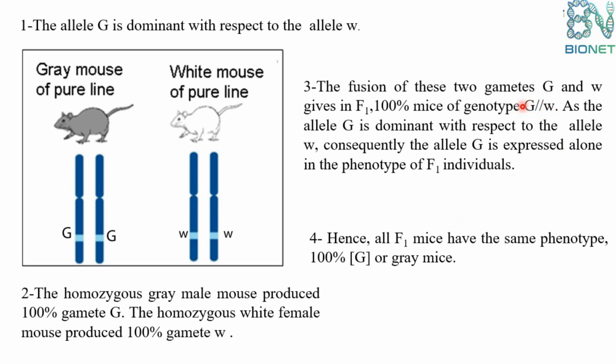In this case, the allele G will be expressed since it is the dominant allele. This is why all the F1 generation is homogeneous. All descendants have the same phenotype, which is the dominant phenotype.